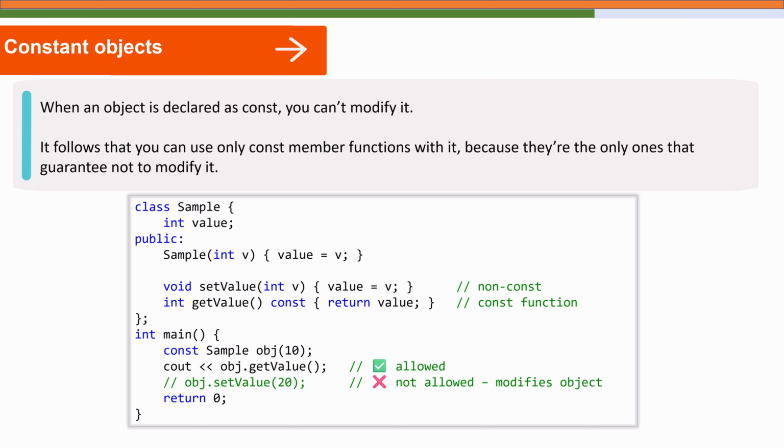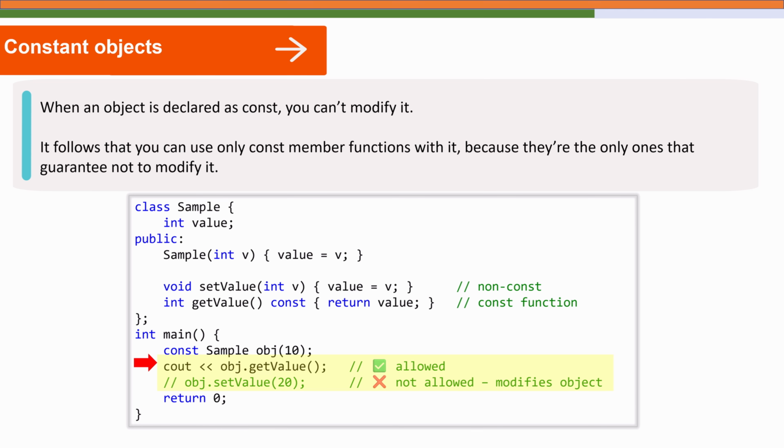So only constant member functions can be called on constant objects because they are the only ones that promise not to alter or modify any data. Here obj is a constant object, and that means we cannot change its data. Calling setValue would cause a compiler error because it tries to modify the object, but calling getValue is fine since it is declared as constant and it only reads the data.